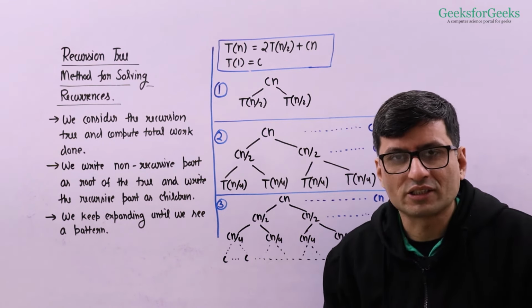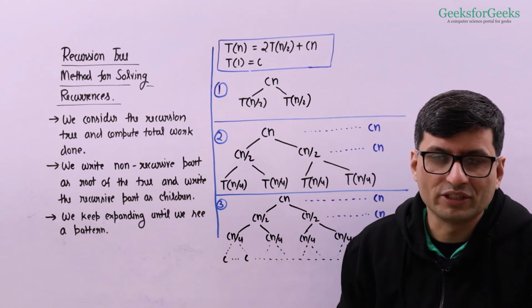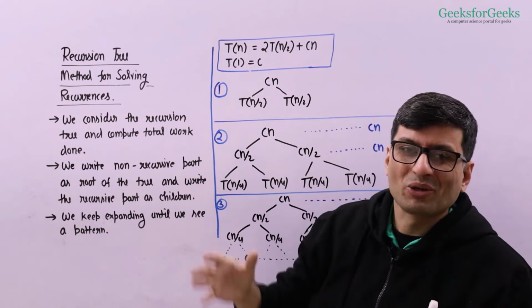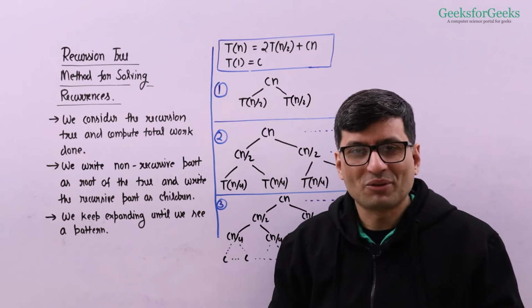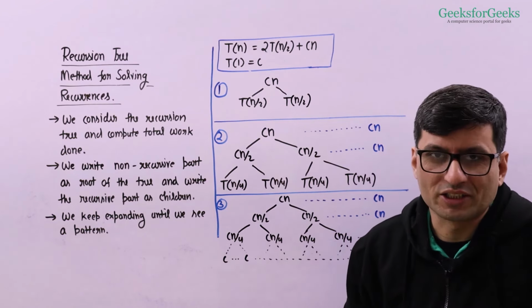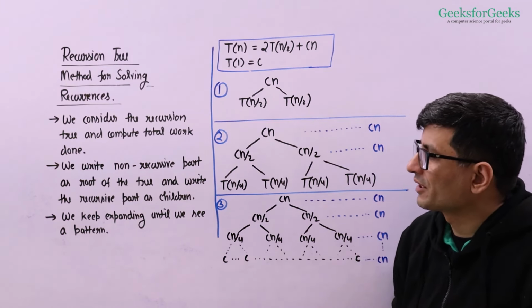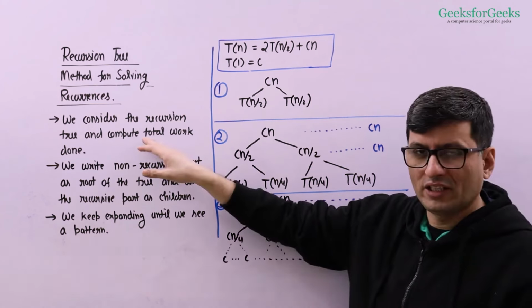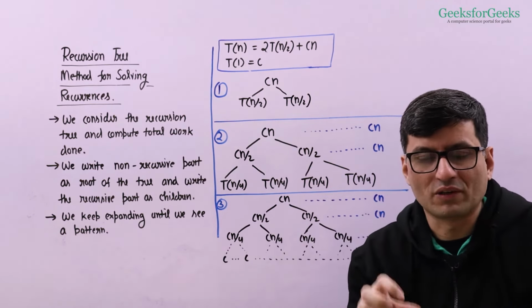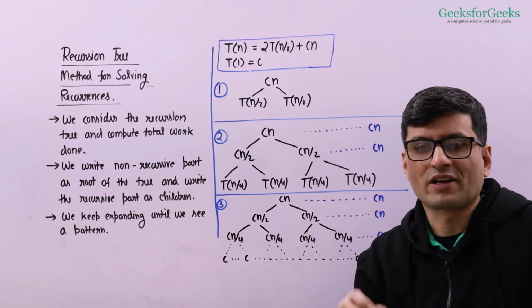However, in some cases, this recursion tree method does not give you the exact bound, it gives you an upper bound. And this method is very close to programmers. As a programmer, we most of the time draw the recursion tree and we feel comfortable writing it. So what we do in this method is we draw the recursion tree, and in the recursion tree nodes, we write down the amount of work done in every function call, right?